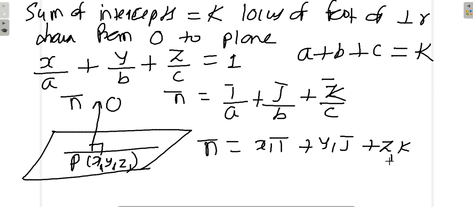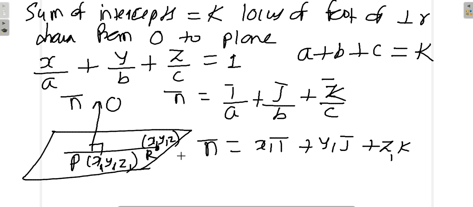This is also the normal. Let us take any point x y z on the plane so that this particular point and OP they are at right angles. So OP bar dot PR bar is equal to 0.